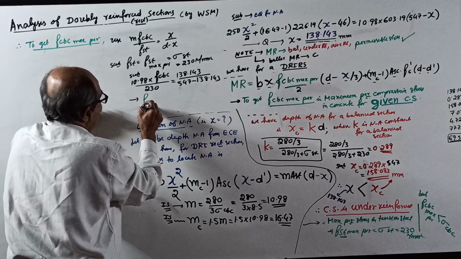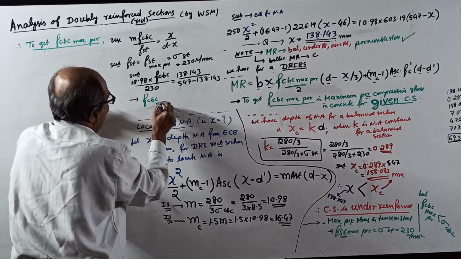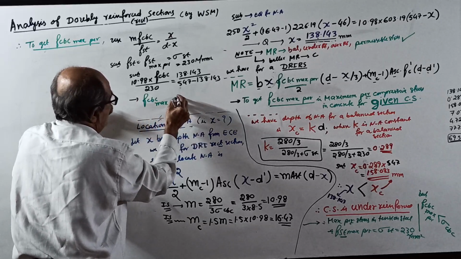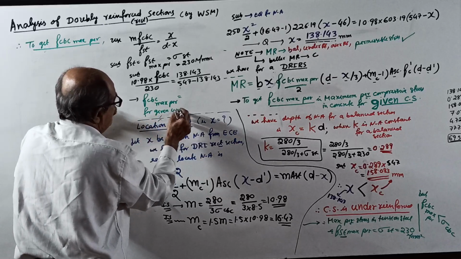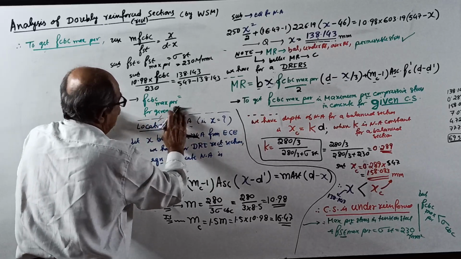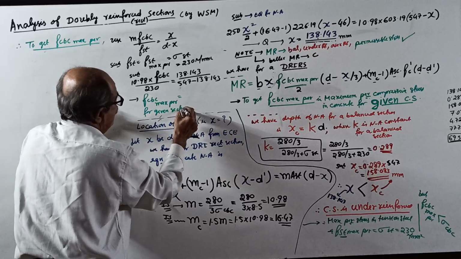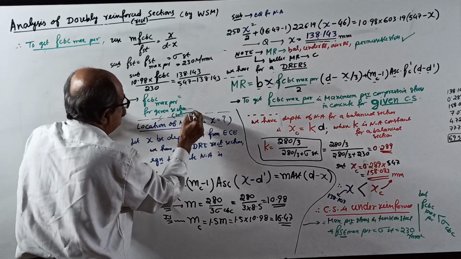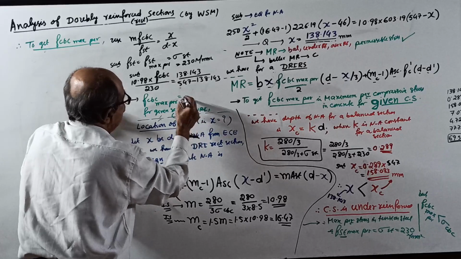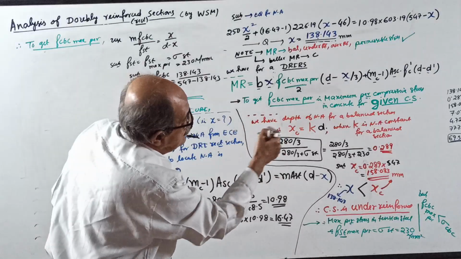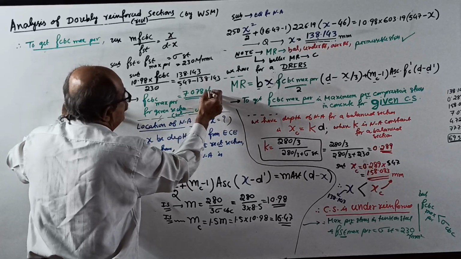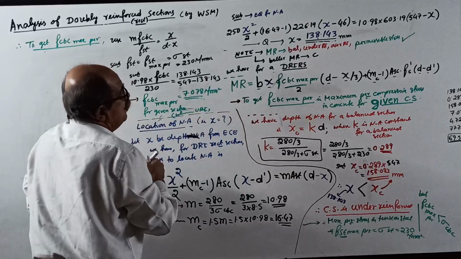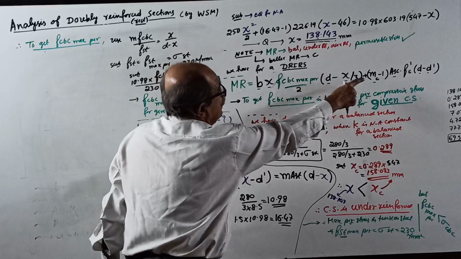This will give me FCBC max permissible for the given section, which is found to be under reinforced, equal to 0.078 Newton per mm square. Therefore, I got FCBC. Now I require FC dash.